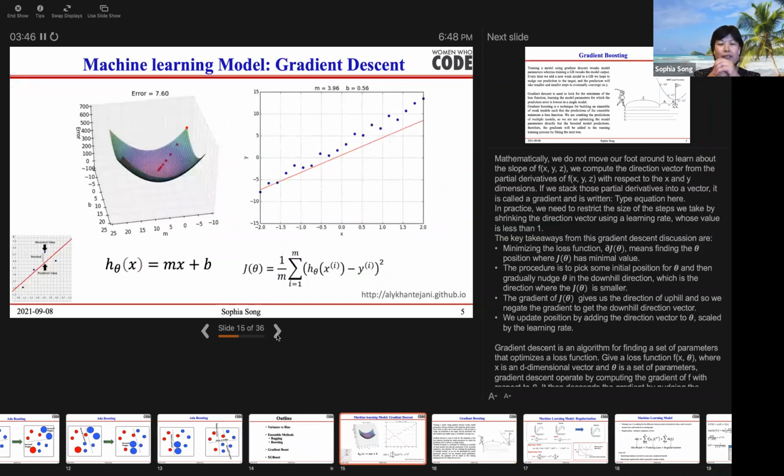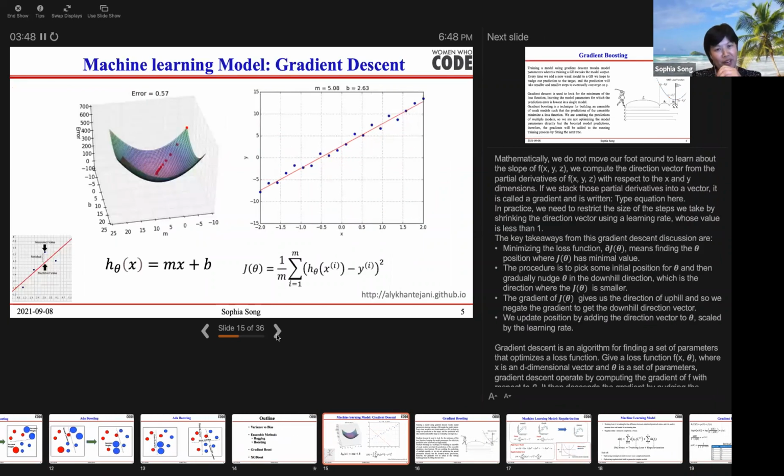When we see the word gradient, we usually think of gradient descent. So here I want to clarify that gradient descent is different from gradient boost. First, for machine learning models, we usually use gradient descent to optimize our model, right?